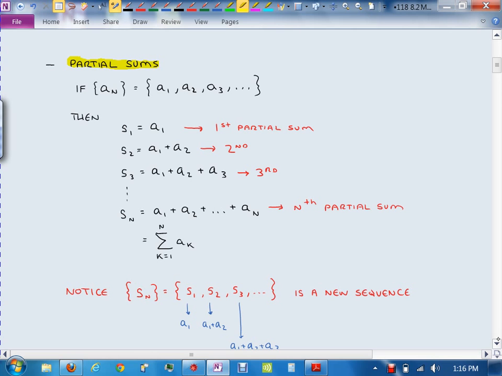The second partial sum is a sub 1 and a sub 2 added together. The third partial sum is a1, a2, and a3. I could keep doing this. S sub 4 would be the first 4 terms. S sub 5. So S sub n is the sum of the first n terms. So we call it the nth partial sum.